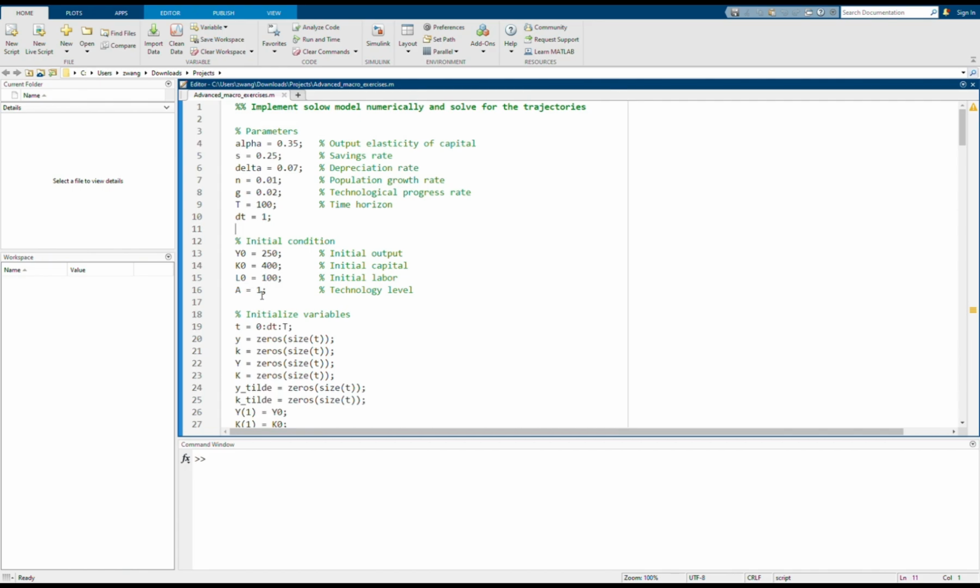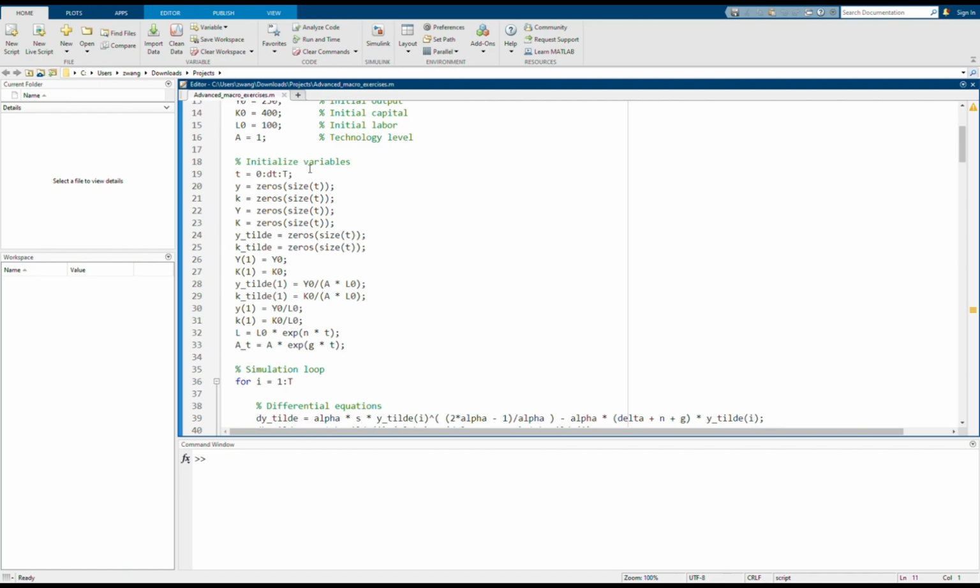So based on the real data, I set the capital greater than the labor force. I set the initial capital stock as 400 and the labor as 100, and use the aggregate output function. Given the value of alpha, I calculate the aggregate output level to be around 250. So I use these numbers as the initial values of output, capital, and labor. And I set the technology level equal to 1 at the beginning.